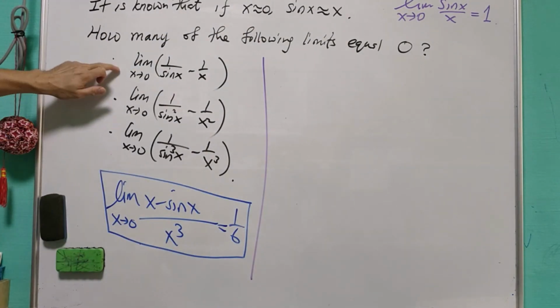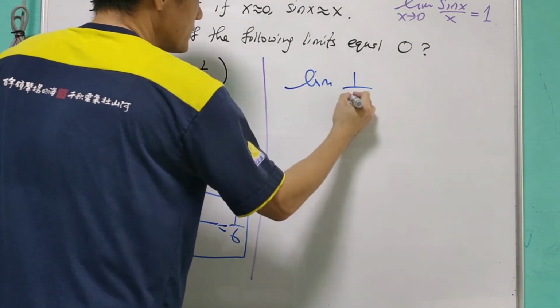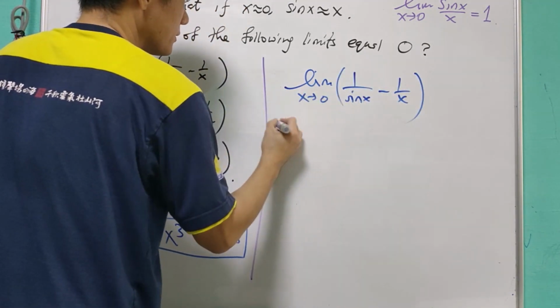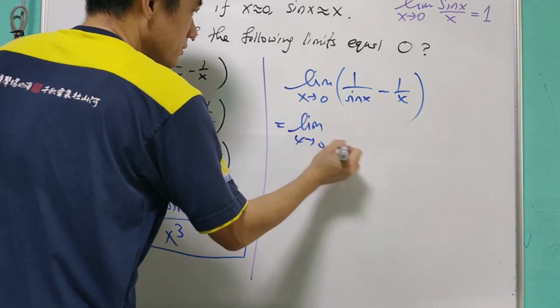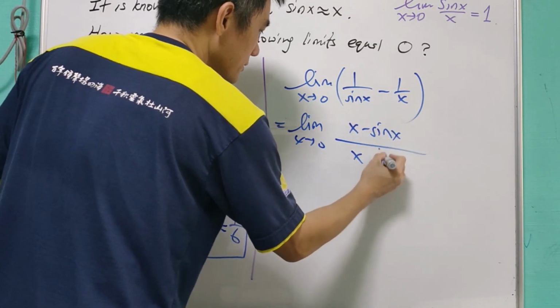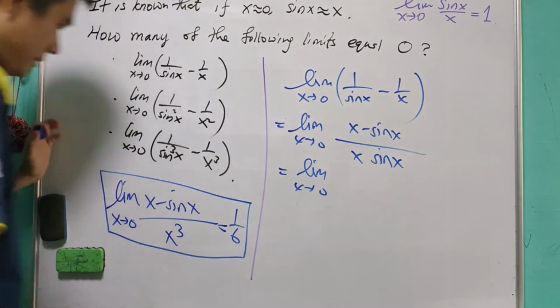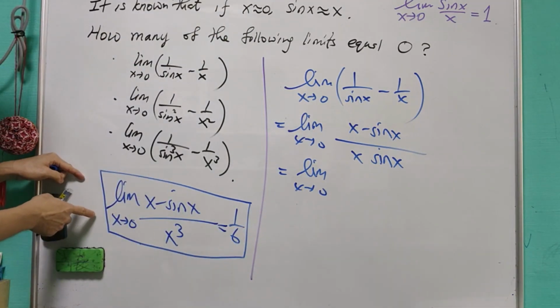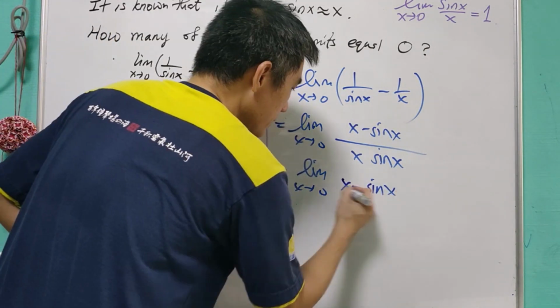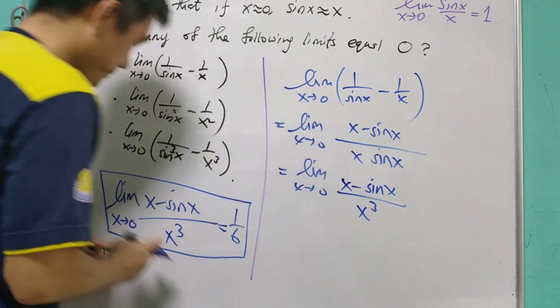Now when you look at the first limit, 1 over sin x minus 1 over x, as x goes to 0, this is x minus sin x over x sin x. Remember that this limit will help us a lot in getting the answer here. I'm writing this in a similar form.